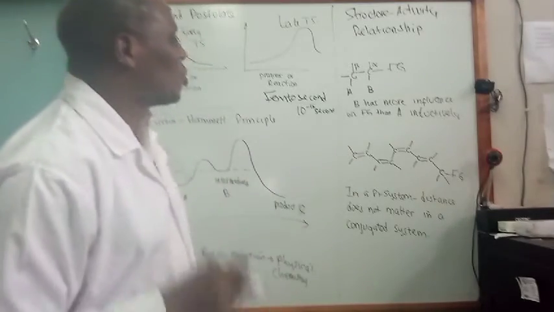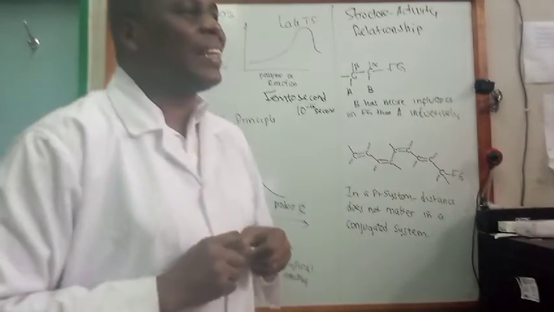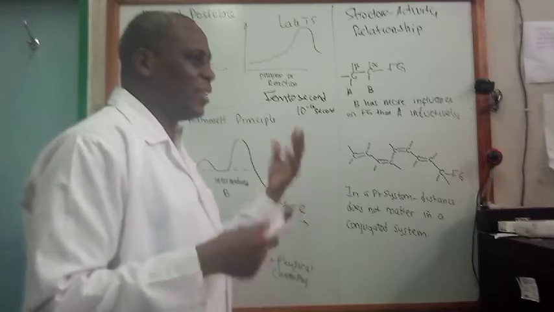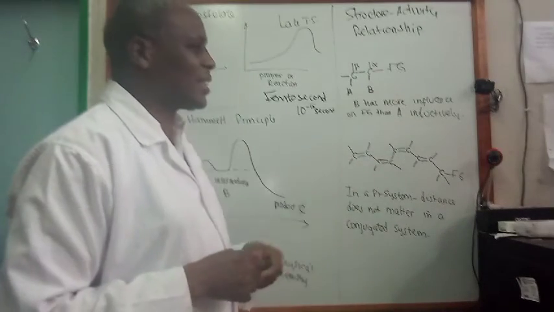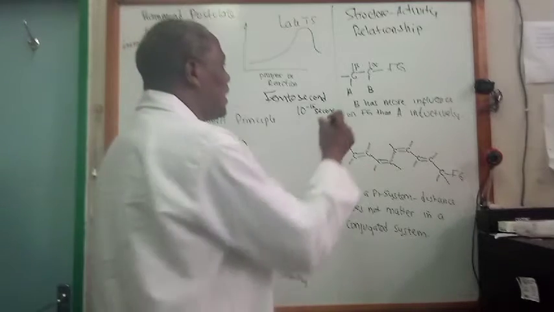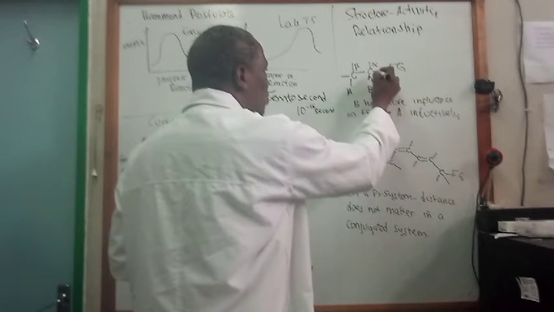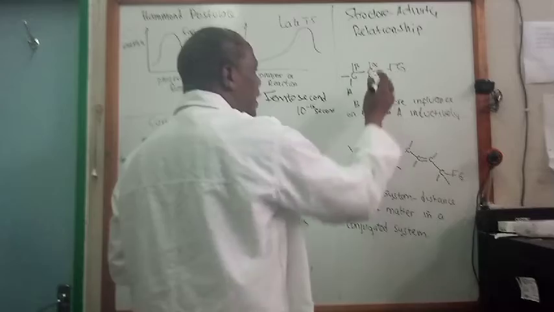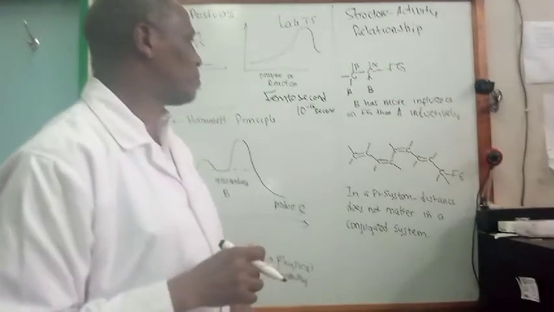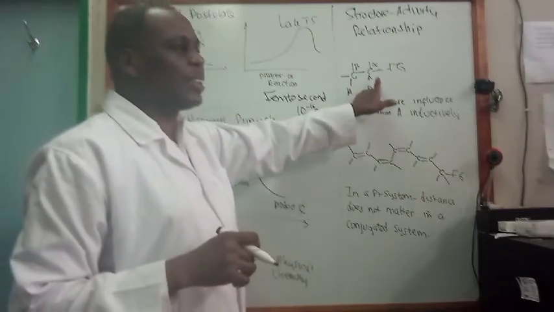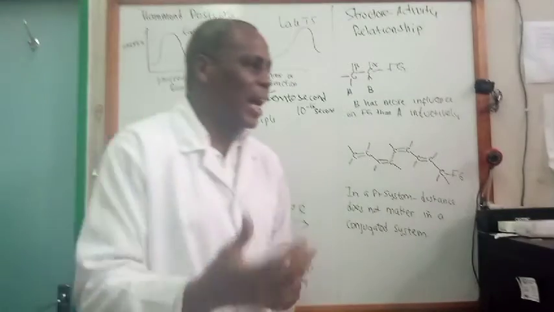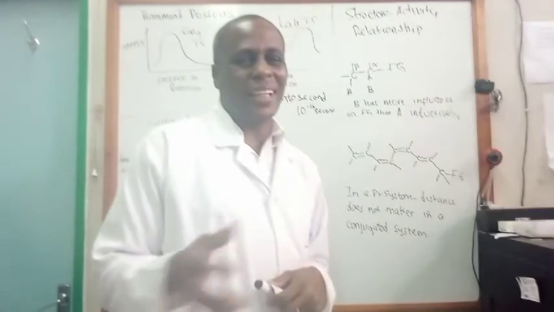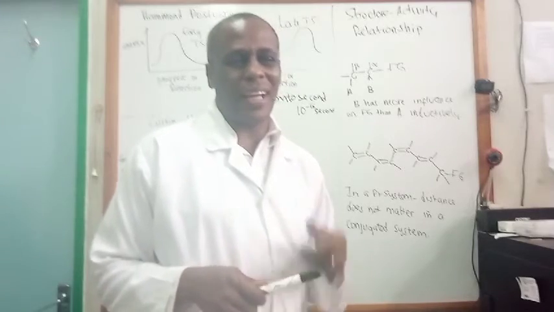So in this case, inductively, you're talking about field effects, either donating electrons or withdrawing electrons, whatever it is, the group which is nearest to the functional group is going to have greater influence.